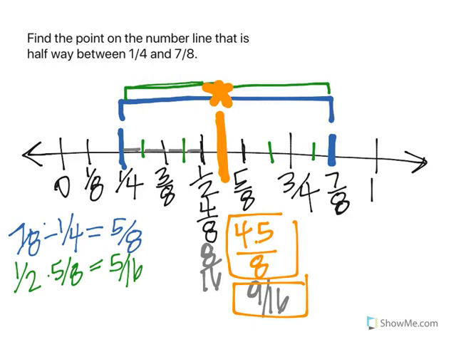And so if I wanted to figure out what the final answer is, I need to think about what my starting point was, which was 1/4. And now I'm going to be adding that 5/16 to it. And 1/4 plus 5/16 is 9/16. And that's because 1/4 is 4/16, and 4/16 plus 5/16 is 9/16.